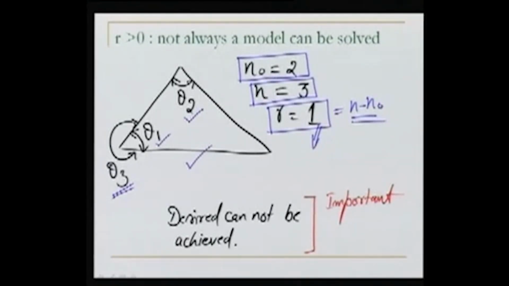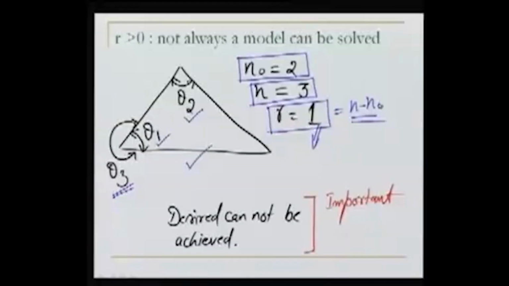Can we find the estimate of our desired quantity? No, still we can't find the best estimate for our desired quantity, because for the shape of the triangle, this angle still needs to be determined from theta 1 and theta 2, because we don't have any observation here.